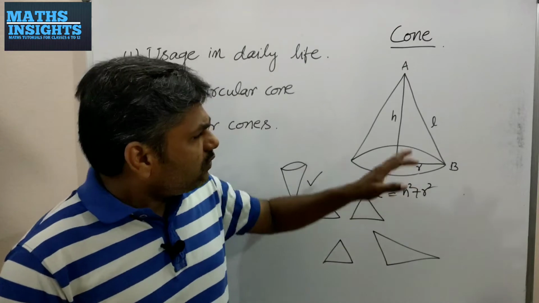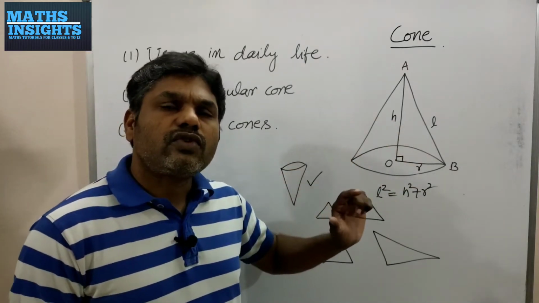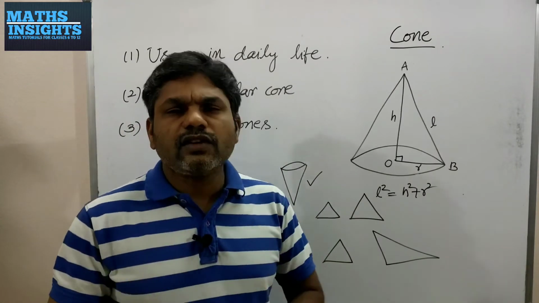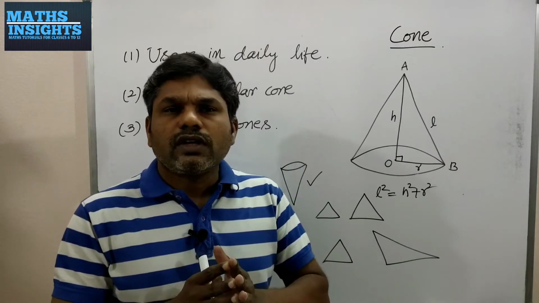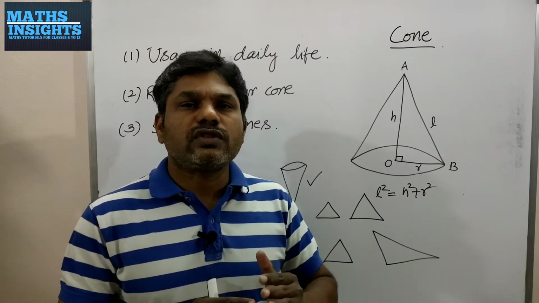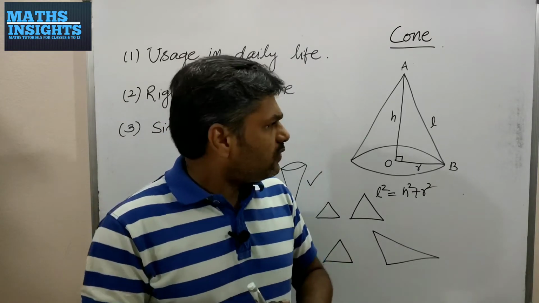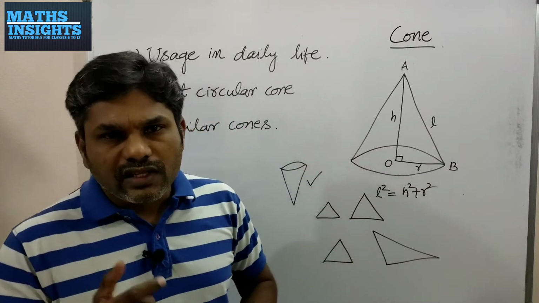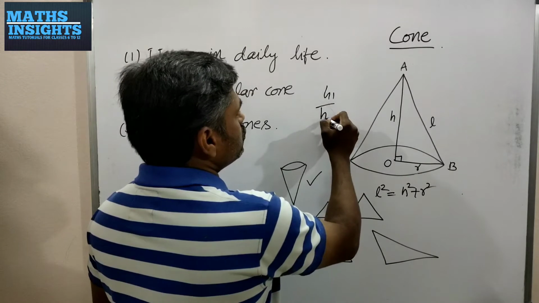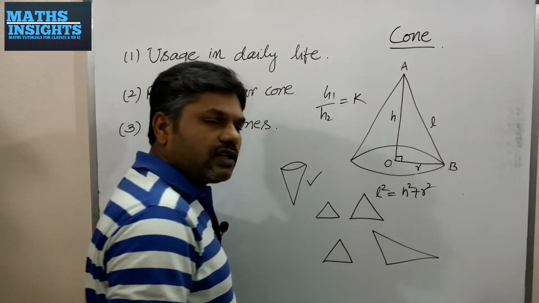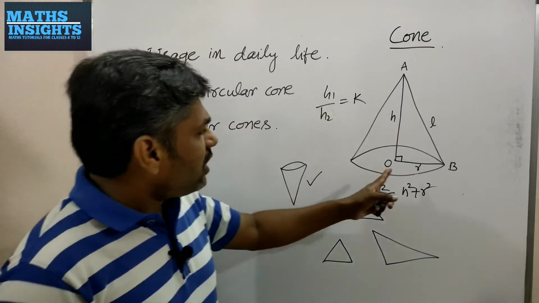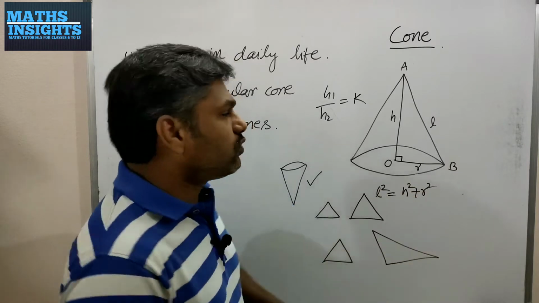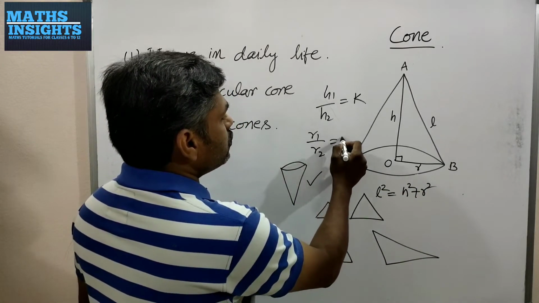In the same way, if you have the same shape of two cones, then those two cones are said to be similar cones. In similar cones, the ratio of each dimension of two cones is always equal. Suppose h1 is the height of the first cone and h2 is the height of the second cone, then the ratio h1 by h2, if you assume that it is k, then r1 by r2, that means the ratio of the radius of the first cone to the second cone, is also k.